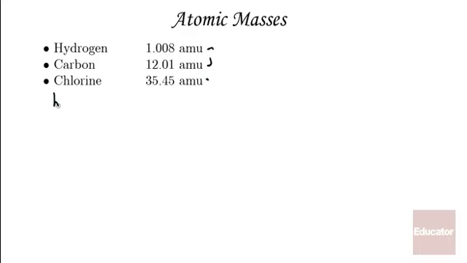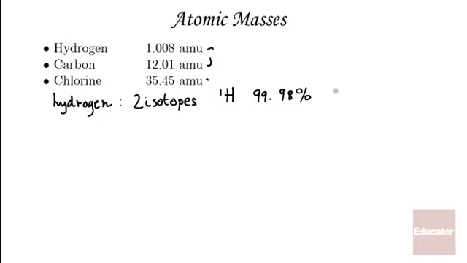Hydrogen first. Hydrogen is composed of two isotopes. One of them is hydrogen 1, ordinary hydrogen as it's called, and this is present to the extent of 99.98%.